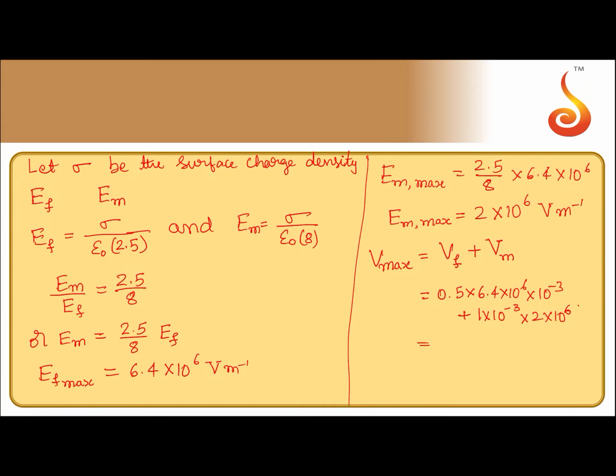So that will give you 3.2 plus 2, that is 5.2 into 10 to the power 3 volt. So this is the maximum voltage that can be applied to the capacitor.